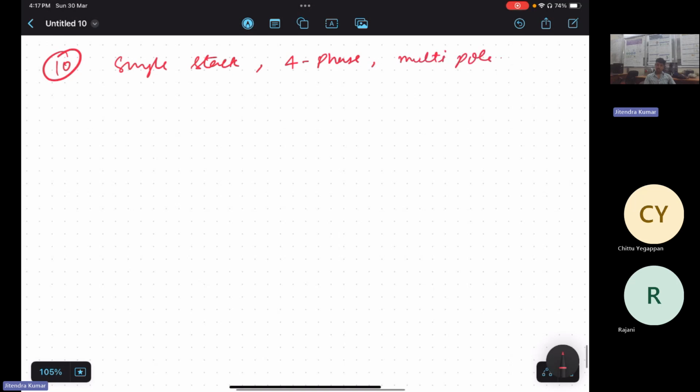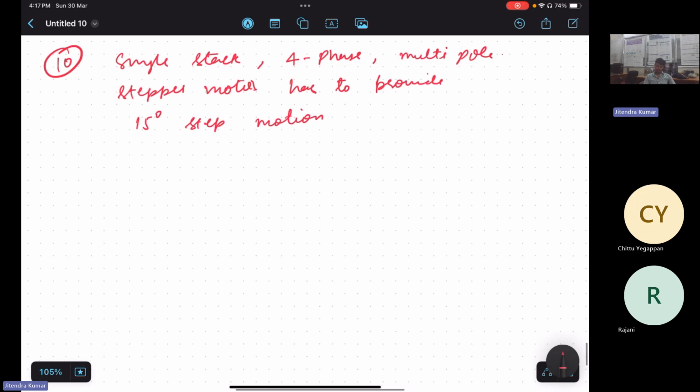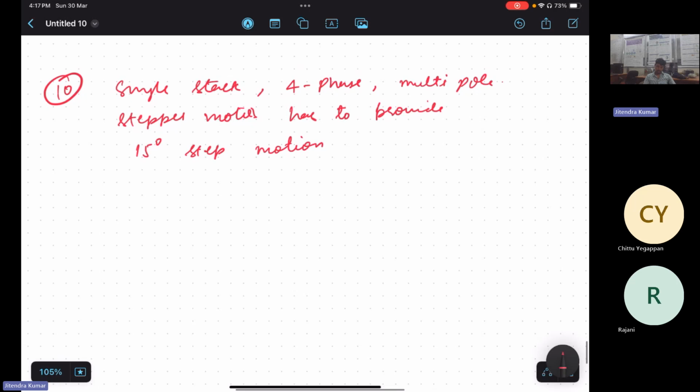Number of poles are not mentioned. A stepper motor has to provide 15-degree step motion. Now we have to calculate rotor poles and stator poles.